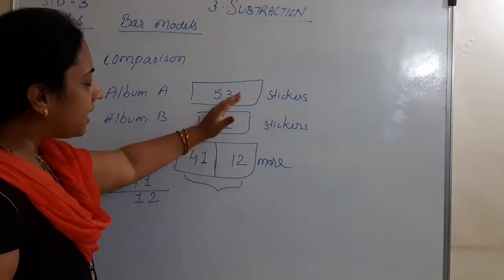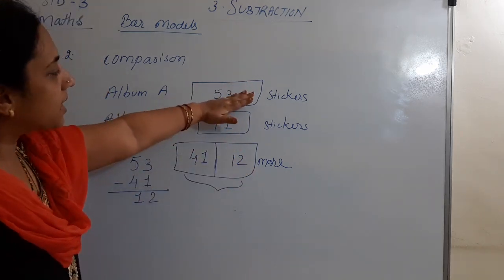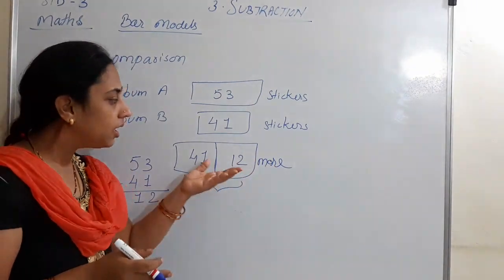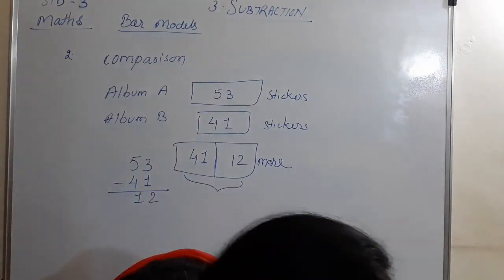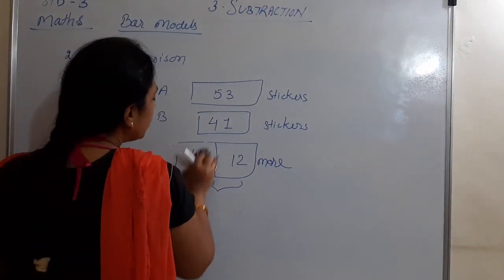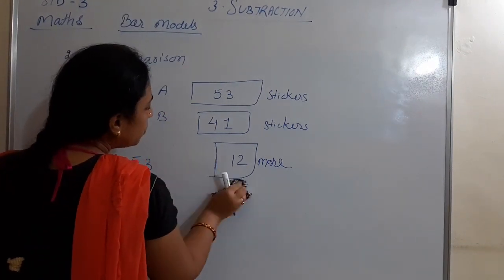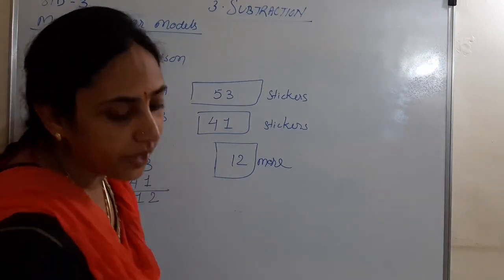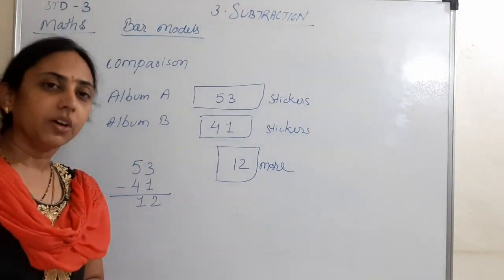We are not adding. This 12 is not an addition, beta. It is not a product or the number of stamps. It is only how many more she was having. So she was having 12 more stamps in album A compared to album B, right?